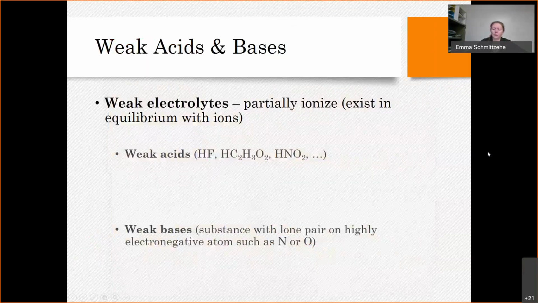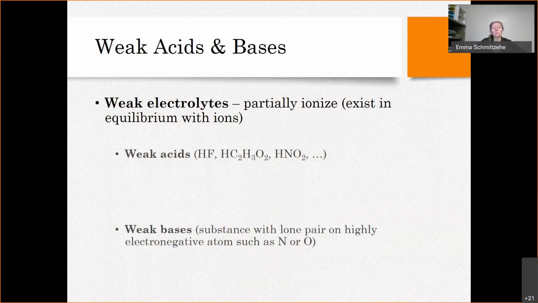Okay, but let's talk about now what's the difference if we call something a weak acid or a weak base. So this does change things a little bit. If it is a weak acid or weak base, then it is a weak electrolyte, meaning it's something that only partially ionizes.